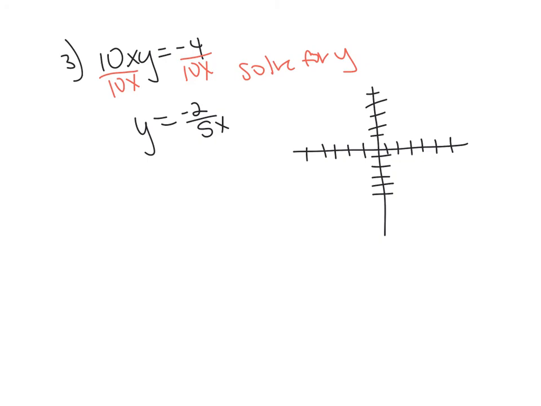Well, first off, I have a negative out here in the numerator. So what does a negative do to my graph? Negative is a reflection, and this will be reflecting over the x-axis, reflect over x.